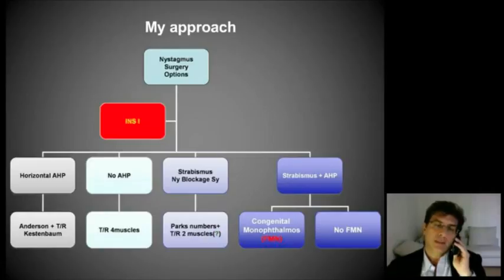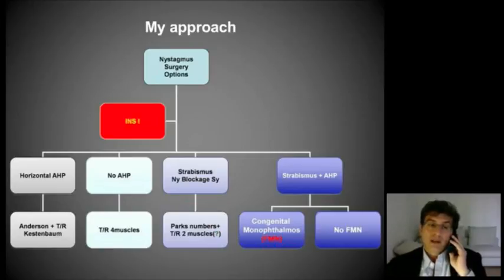The only difference in my way to treat nystagmus now is that if I choose to do the horizontal Anderson procedure, I always add the tenotomy reattachment procedure described by Hertel and dell'Osso. So the approach with horizontal nystagmus is just the same I did a few years ago. The only thing different is when I approach the smallest nystagmus, I also do a tenotomy reattachment procedure.